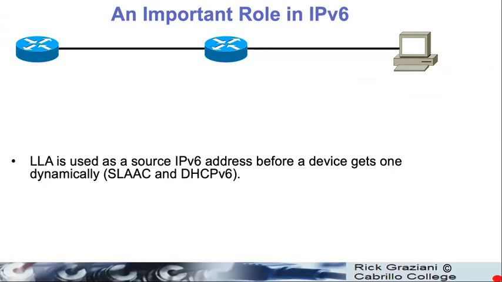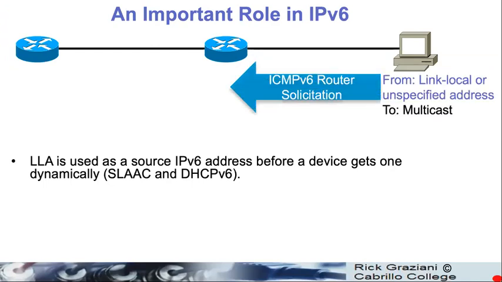But an IPv6 link local address, how is that used? Well, we'll be talking about all these things in more detail later, but when a device sends out an ICMPv6 router solicitation message, that's its way to say, hey, who out there is an IPv6 router? I need to know how to get my addressing information automatically.